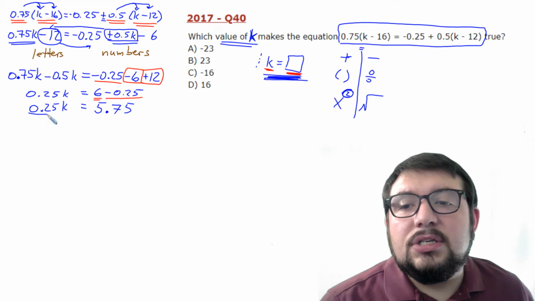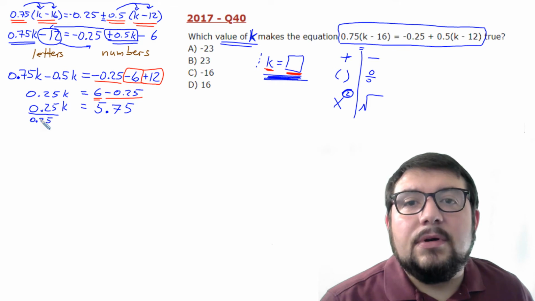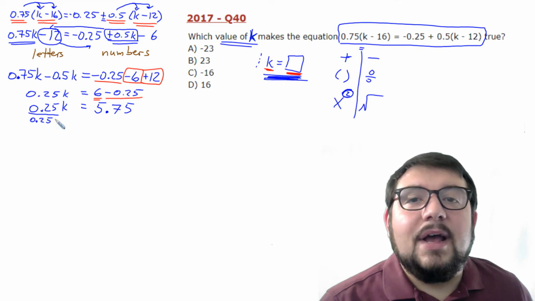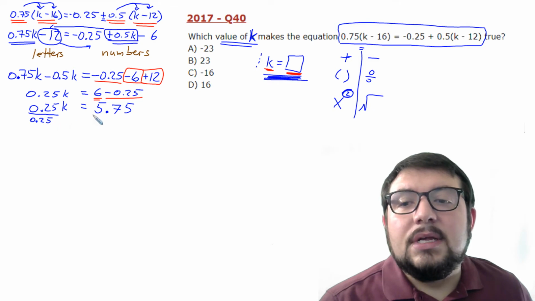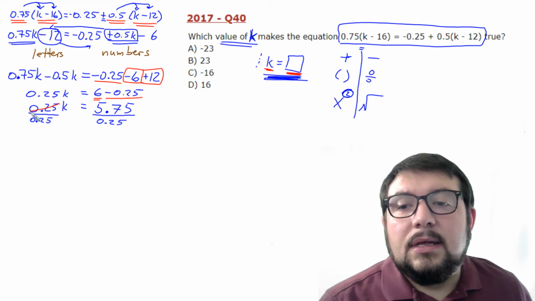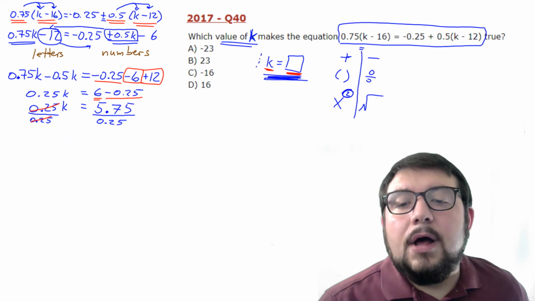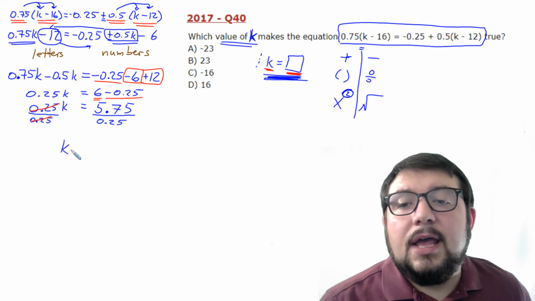So to change this to a 1, I'm going to put 0.25 underneath, because if I divide by the same number, I get the number 1. I'm allowed to do that. However, as every algebra teacher teaches, if you do it on one side, you have to do it on the other side. And therefore, these guys divide to make 1, so there's just the letter k.